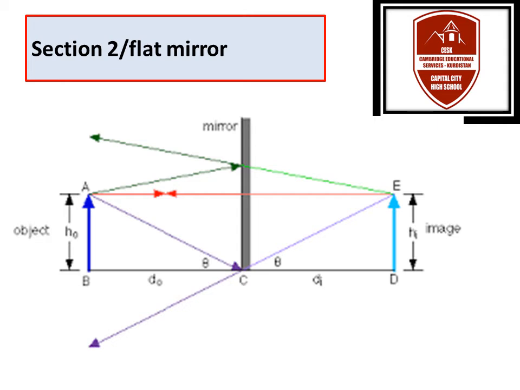This is the object distance. This distance, from C to D, is the same distance, called Q. From C to B is called P. P equals Q, m equals 1.